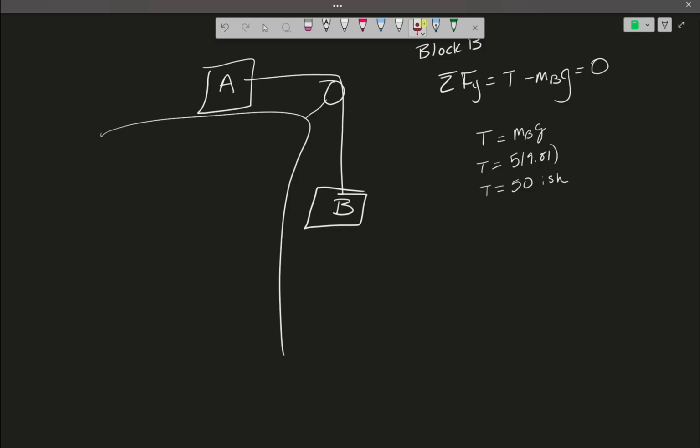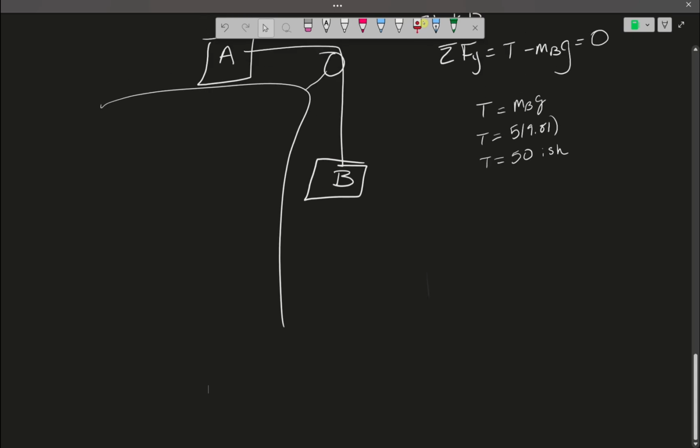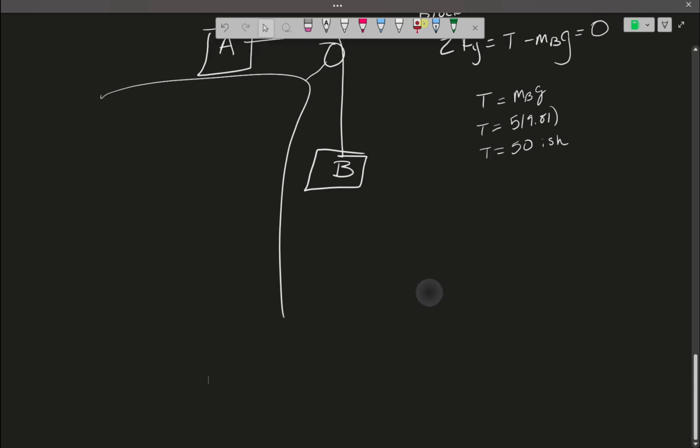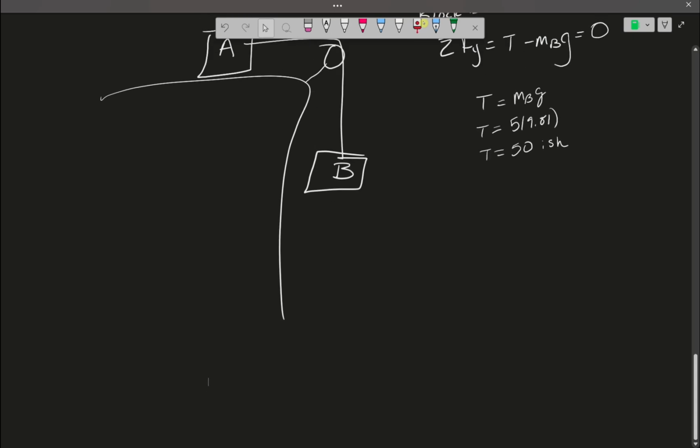I could figure out what amount of tension is necessary to get it to start to move. So I'm going to scratch that idea.